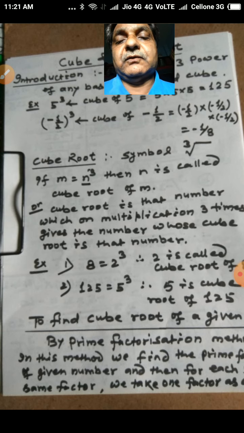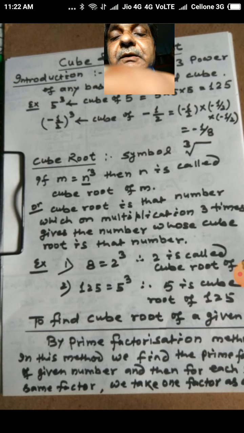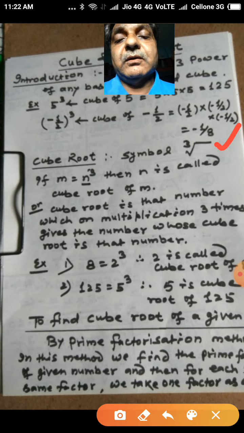If we don't write 3, then it is square root, as it is understood that 2 is hidden there. You have already seen this in the case of square root. So to make it cube root, we must write 3 above the root symbol as shown here. So this is the symbol of cube root.